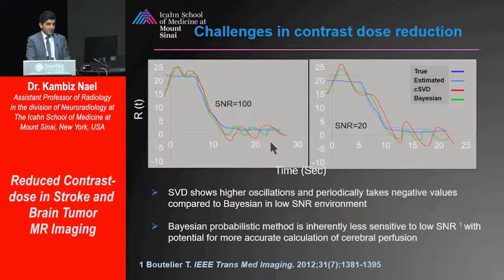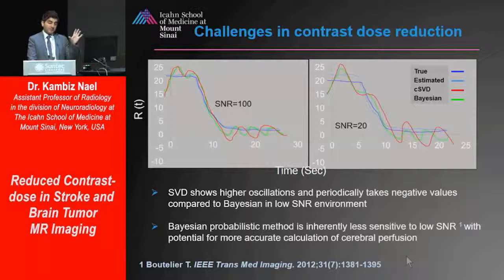In high SNR setting, they may perform in similar fashion, but in low SNR setting, SVD takes higher oscillation and variability compared to the Bayesian technique. And the Bayesian probabilistic method is inherently less sensitive, based on the published literature, to low SNR and has potential for more accurate calculation of cerebral perfusion.